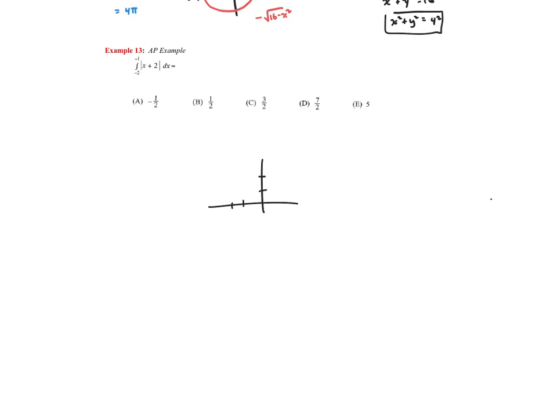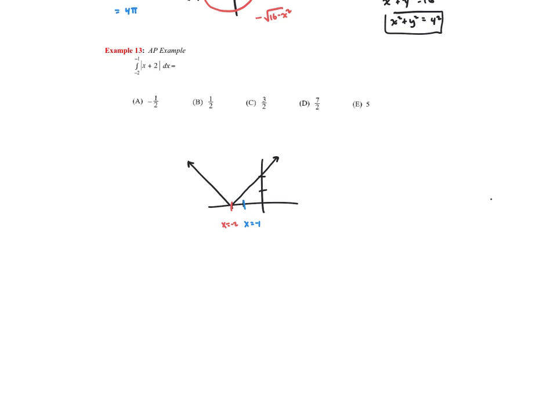The absolute value function, with no stretch involved, to the right of its vertex will have a slope of 1, and to the left of its vertex will have a slope of -1. Now we just want the area from -2 to -1.